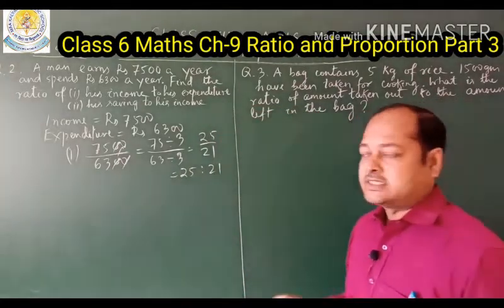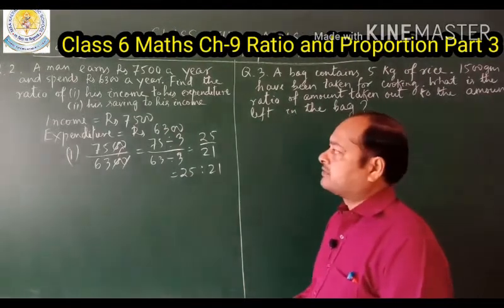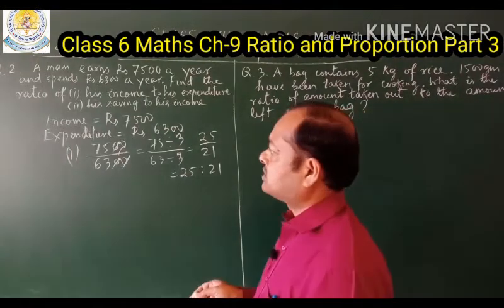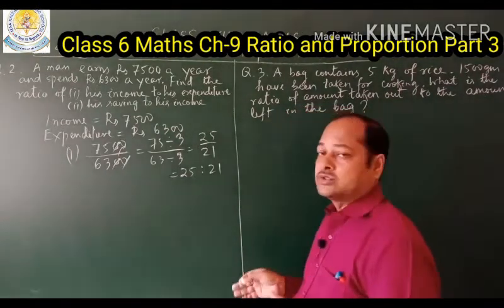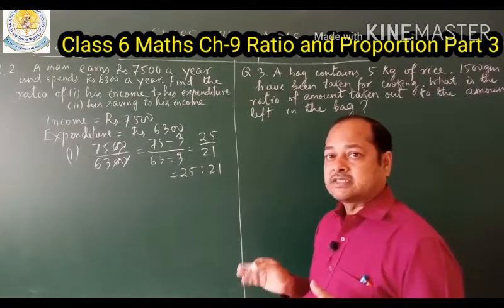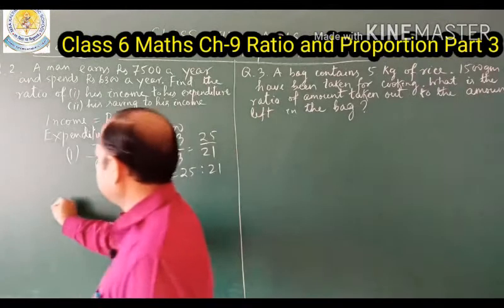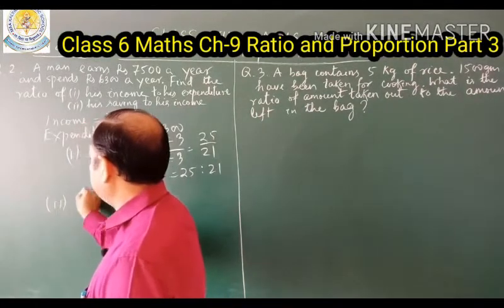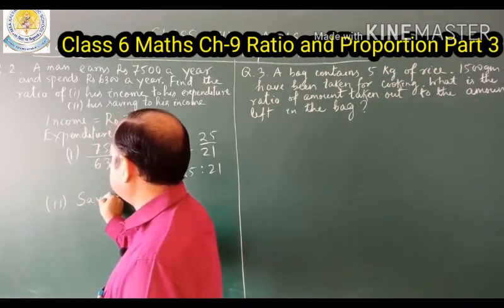Now come to the second question. It says find the ratio of his saving to his income. In the question, saving is not given, so you have to find out the saving. In question 2, first you have to find the saving.